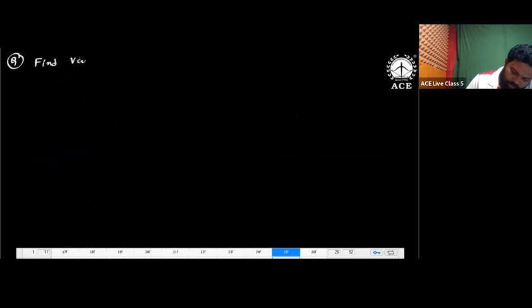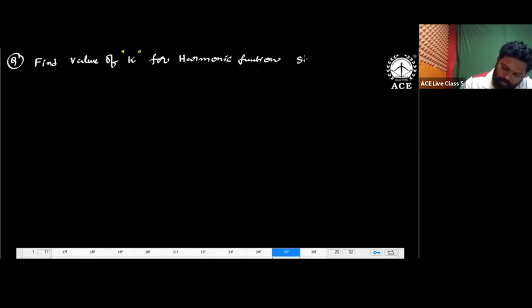Find the value of k for the harmonic function sin hyperbolic x cos ky into e to the power of pz.